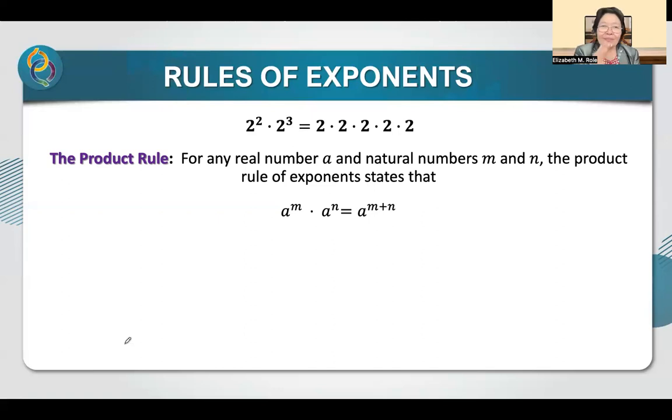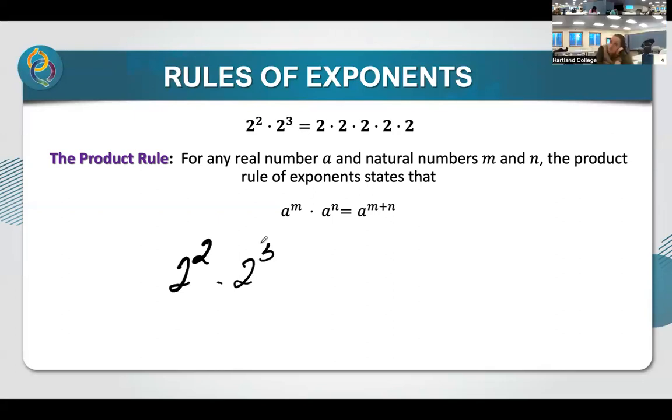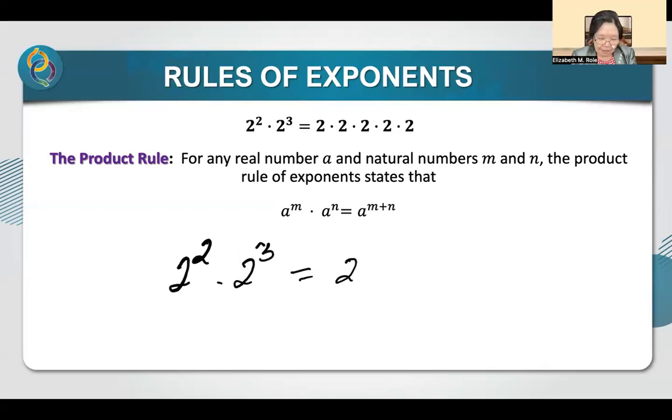That's why 2 squared times 2 cubed is the same as 2 to the 5th power, which is 2 raised to the power of 2 plus 3. If you really want the answer, 2 times 2 is 4, times 2 is 8, times 2 is 16, times 2 is 32.